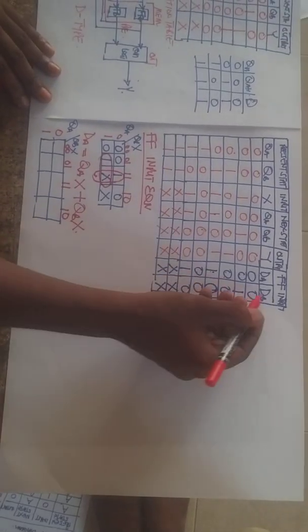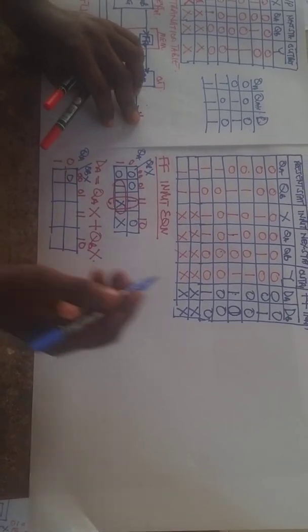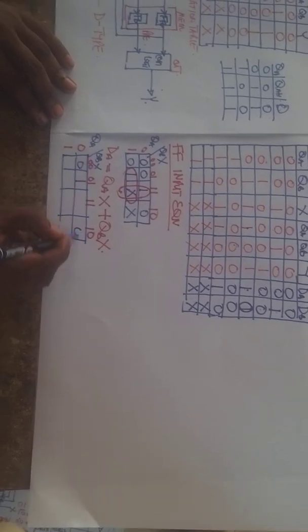Okay, so we are doing for DB. So 0, 0, 0 is 0, right? 0, 0, 1 is 1. 0, 1, 0 is 0. 0, 1, 1 is also 0.